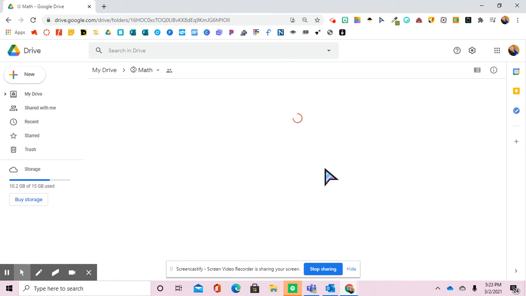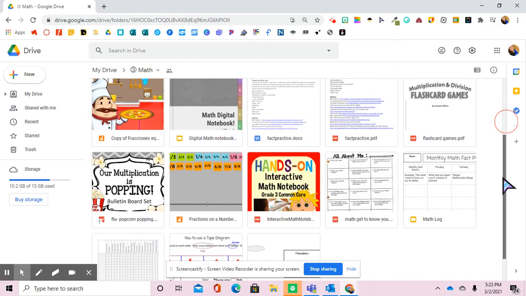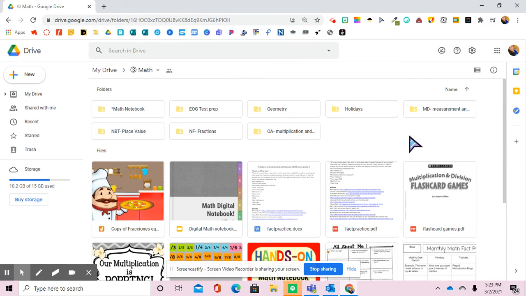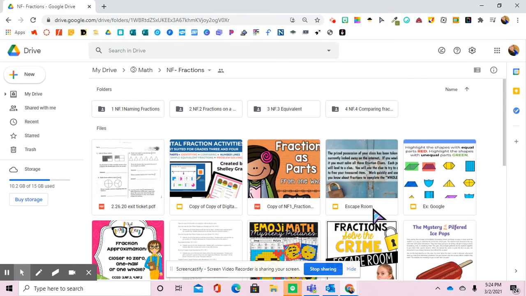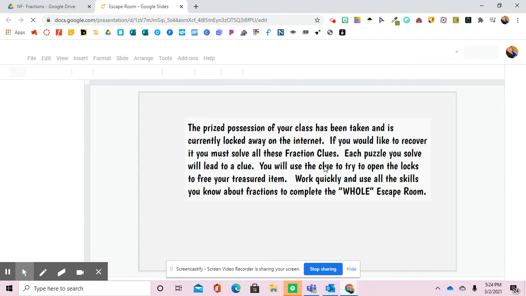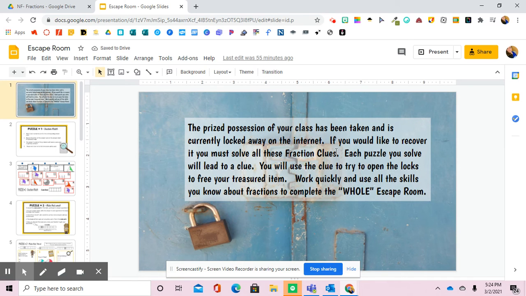But the way they worded it was like somebody was stuck in a basement or something. So I saw one that was like something's been locked up. And so it just says to introduce it, it says the prized possession of your class has been taken and is currently locked away on the internet. If you'd like to recover it, you must solve all these fraction clues.